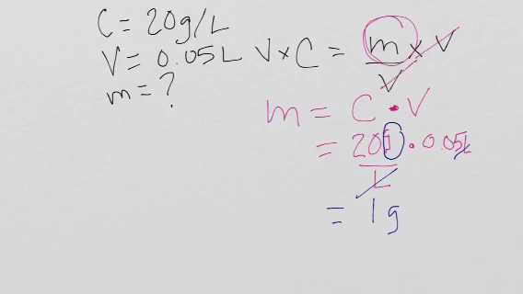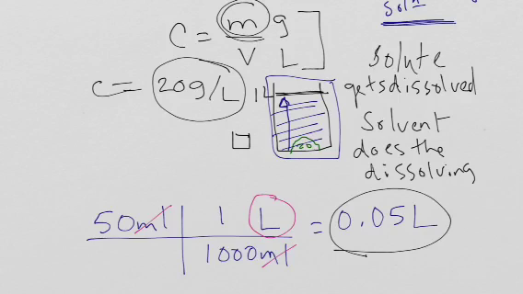Now, that means that if I go back to my little container here, instead of 20 grams of solute, I put down 1 little gram of solute, I measure that on my mass, and then I add the solvent in there until I get my 50 milliliters, I've made the exact same concentration as the big guy.